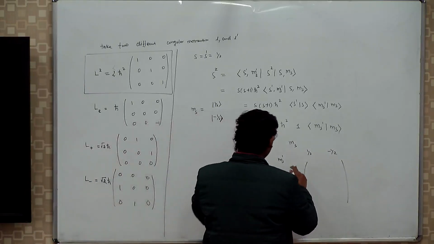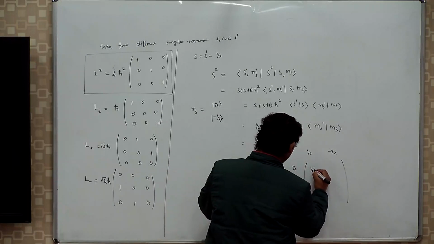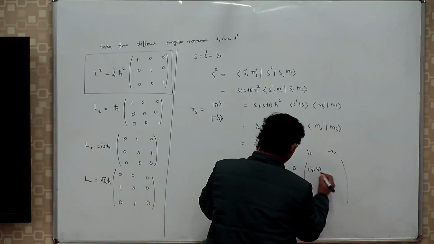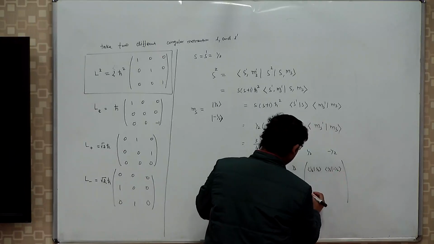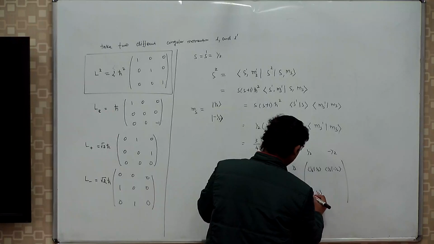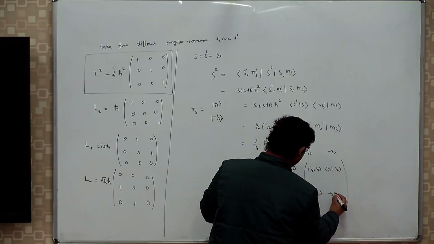Then the inner product between 1/2, 1/2 and 1/2, -1/2, and here -1/2, 1/2 and -1/2, -1/2.